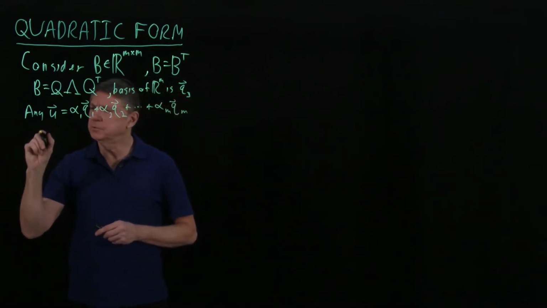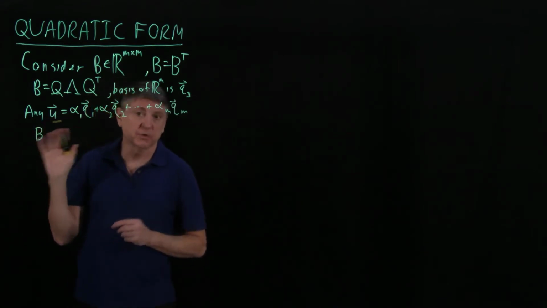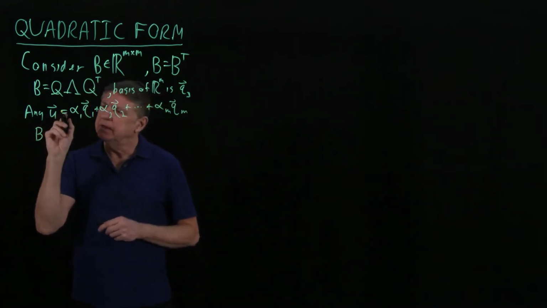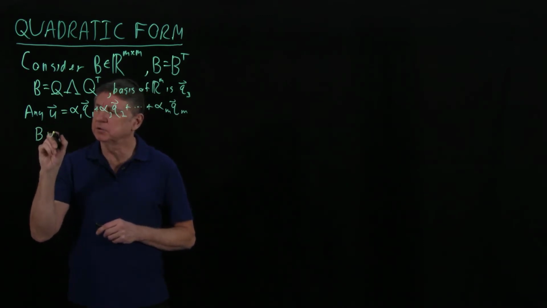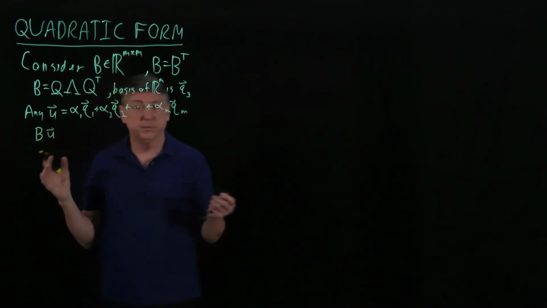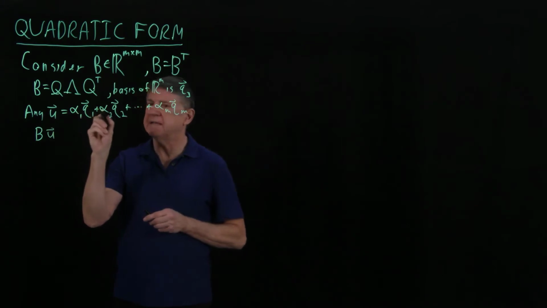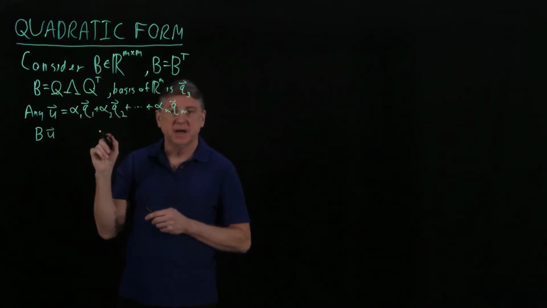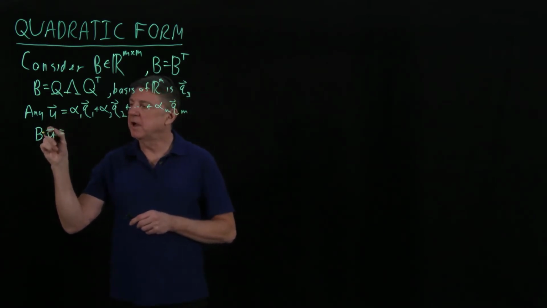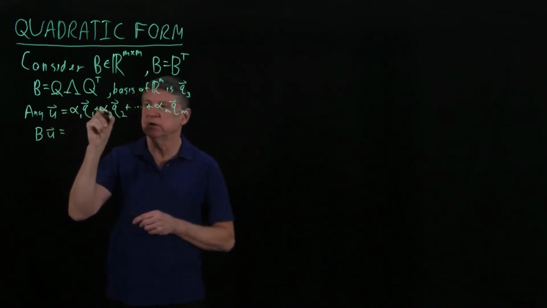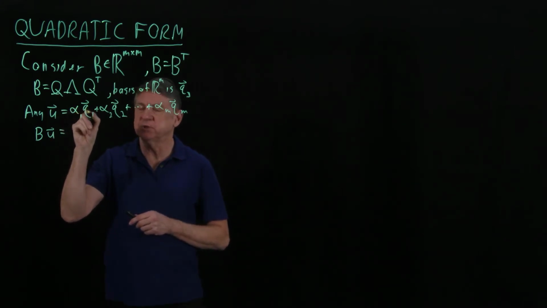What happens when we take any vector u, so we're assuming it's non-zero, and we multiply it by B, what do we get? Well, because u has this linear combination of the eigenvector basis, we can multiply B into this equation. So the first one is B times alpha 1 times q1.